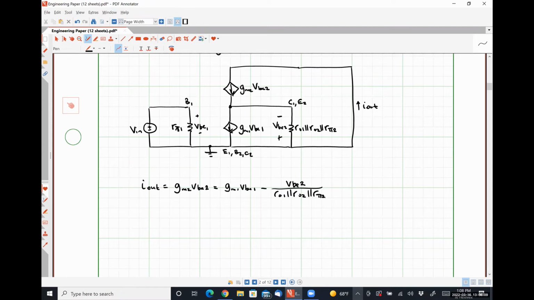So it's this current plus this current. It's all KCL. Circuits 1 kicks ass.